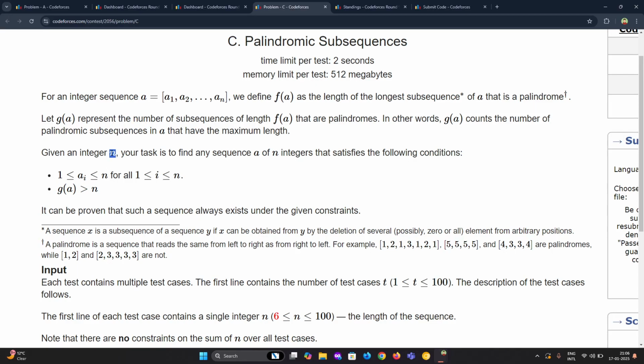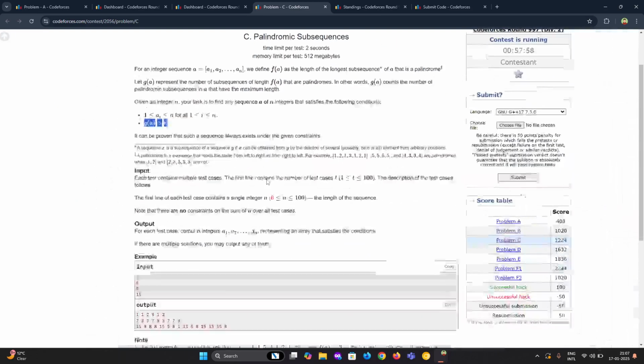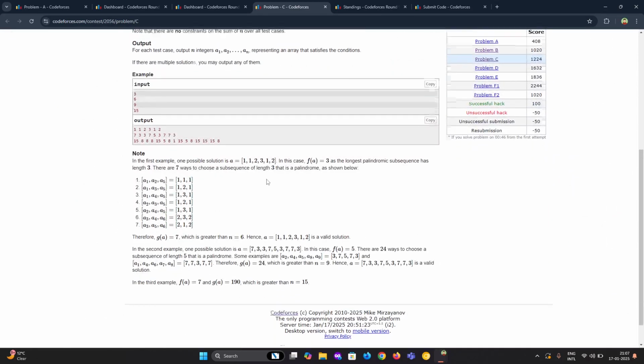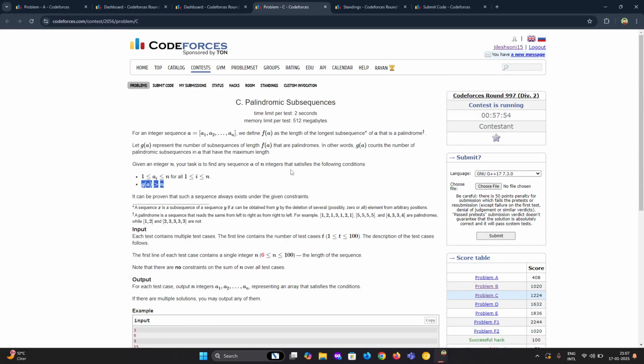So given n, we have to find a sequence that contains numbers from 1 to n such that g of a is greater than n, where g of a represents the number of subsequences of length fa that are valid. I think this is very difficult.